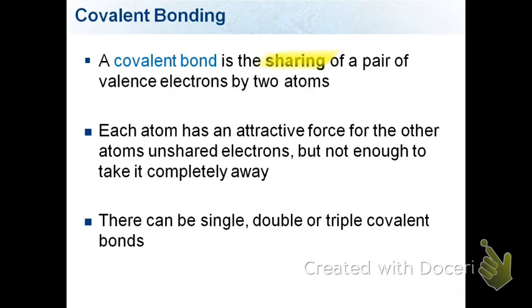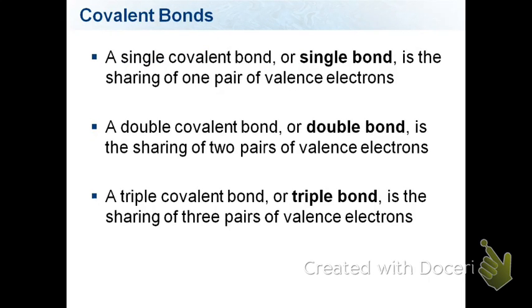And you can have a single covalent bond in which they share 1 pair or 2 electrons. A double covalent bond where they share 2 pairs or 4 electrons, and a triple covalent bond where they share 3 pairs, so 6 electrons. So single, double, triple.